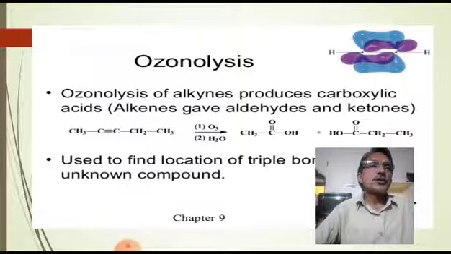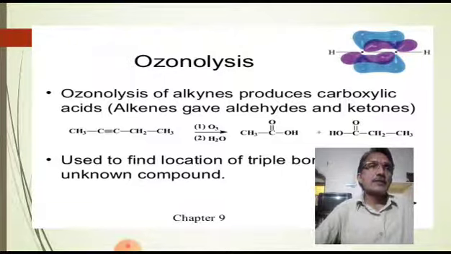So due to the shorter bond length, the mobility of pi electrons will be less. Due to the lower mobility of pi electrons in alkynes, alkynes are comparatively less reactive than corresponding alkenes.